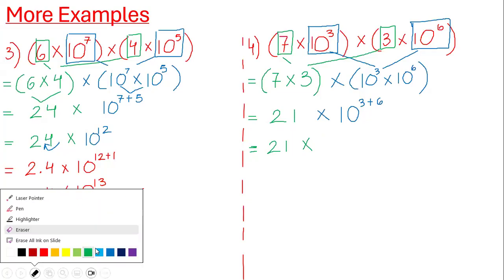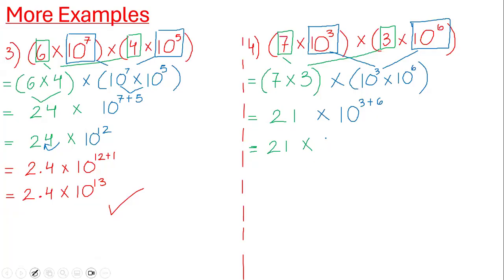So if it's the same base, we add the powers. So it's going to be 10 to the power of 6 plus 3, which is 9. We are going to move it over once, so it's going to be equal to 2.1 times 10 to the power of 9 plus 1.